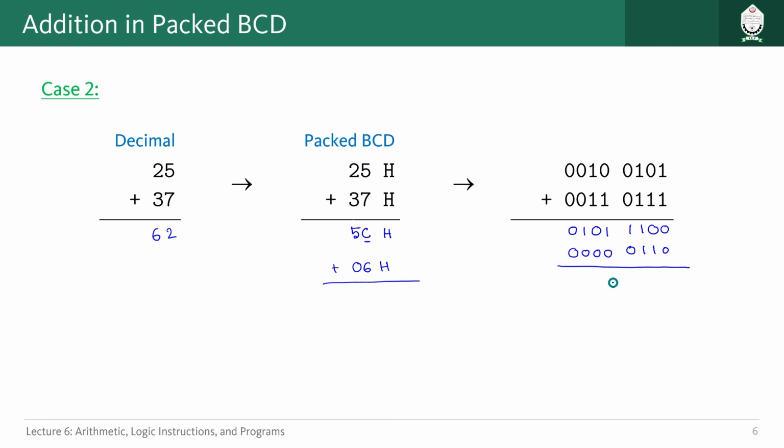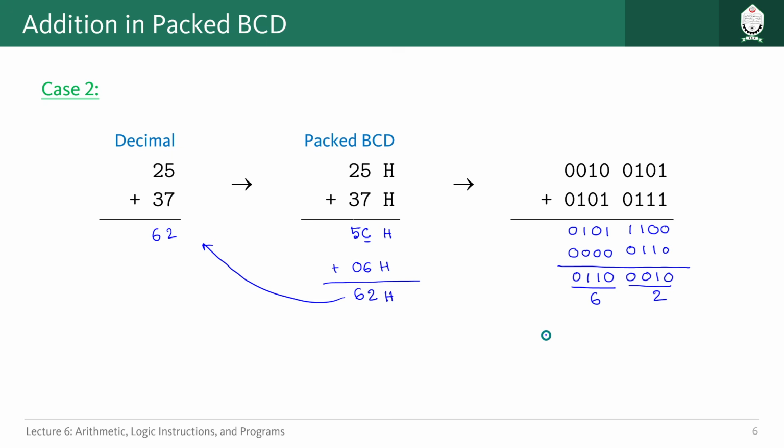If I add these two values, now what we are going to get is 0 1 0 0, then 0 1 1 0. So this value is actually 6 and 2, which is what we want. 62H is the result, which is the same value here, right? So this is the correct BCD representation. Just by adding 06 we have solved that problem.